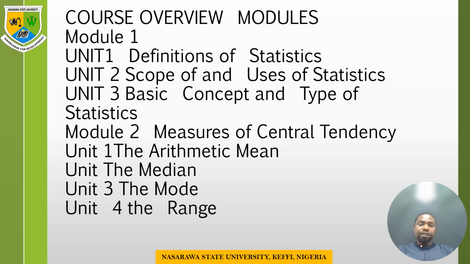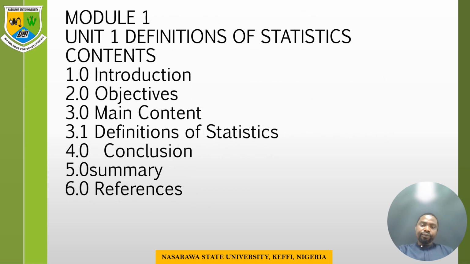Unit 3, the basic concepts and types of statistics. Module 1 comprises six items: the introduction, the objectives, the main content, definition of statistics, conclusions, summary, and also references, which will be put forward.